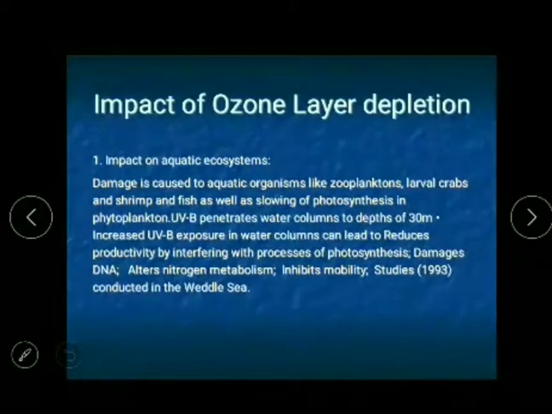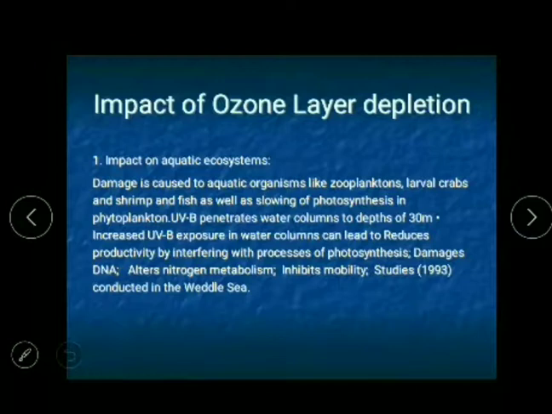Now let us study the impact of ozone layer depletion. Number 1, impact on aquatic ecosystems. Damage is caused to aquatic organisms like zooplankton, larval crabs and shrimps and fish, as well as slowing of photosynthesis in phytoplankton. Ultraviolet B penetrates water columns to depths of 30 meters.